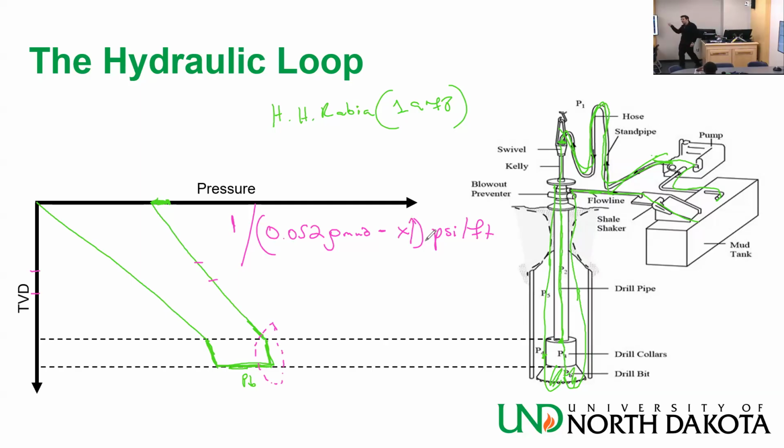But still, for every foot of the drill collars, I'm still gaining hydrostatically 0.052 rho mud. That still doesn't change. That's why it appears smaller. The slope gets steeper. That's why it should look like this. And I wanted to make that clear.